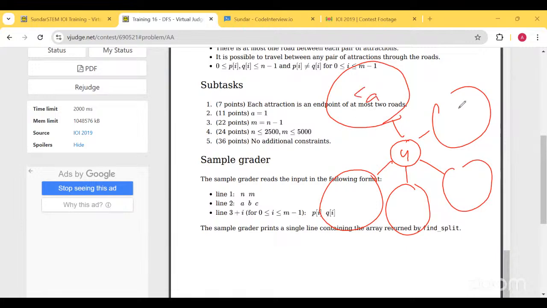What if all of them are less than a? How do you think? What if all of the groups are less than a?